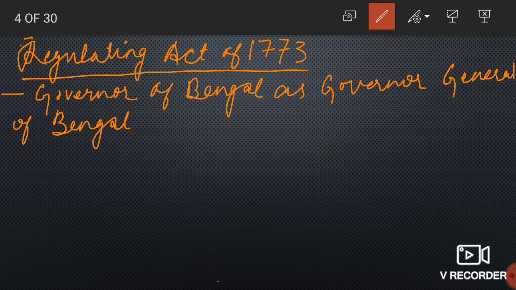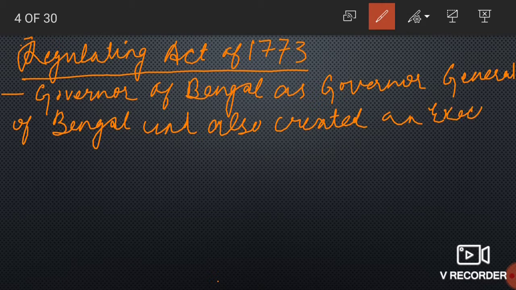So they designated the Governor of Bengal as the Governor General of Bengal, and also created an executive council to assist him.